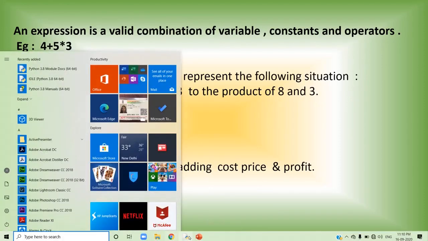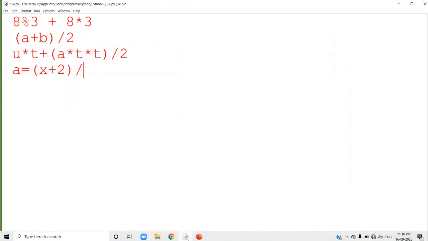I use the bracket over there: A equal to (x plus 2) the whole divided by (b minus 1).